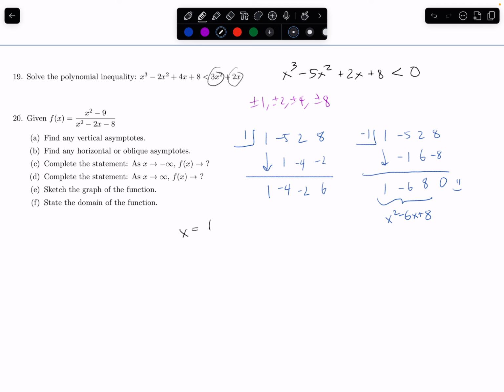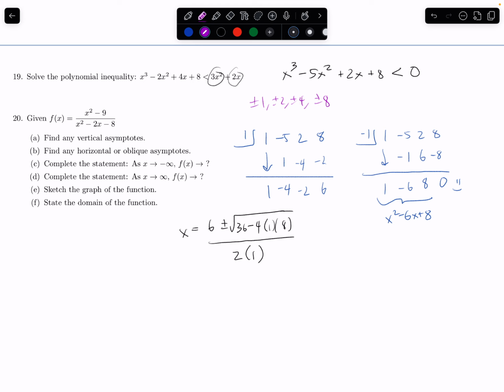That's negative b, which is 6, plus or minus the square root of b squared, which is 36, minus 4a, which is 1, c, which is 8, all over 2a, which is 2 times 1. And 8 times 4 is 32.